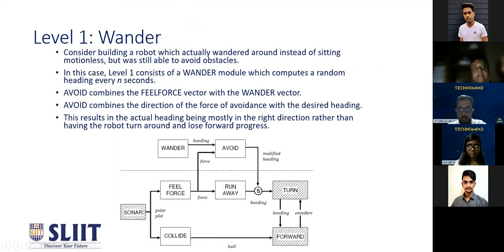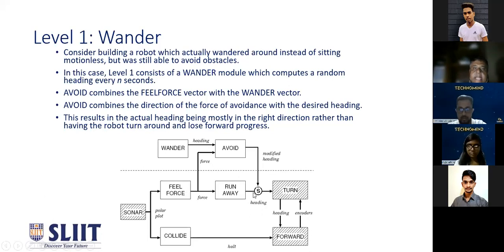And then let's try to introduce another behavior, wandering behavior. In level 0, in the first behavior, the robot moves away from obstacles, but it is not moving in any particular direction. If you want the robot to randomly wander, you can implement it as another behavior. This wandering module can generate a random heading, right? And you can give that random heading to the robot.